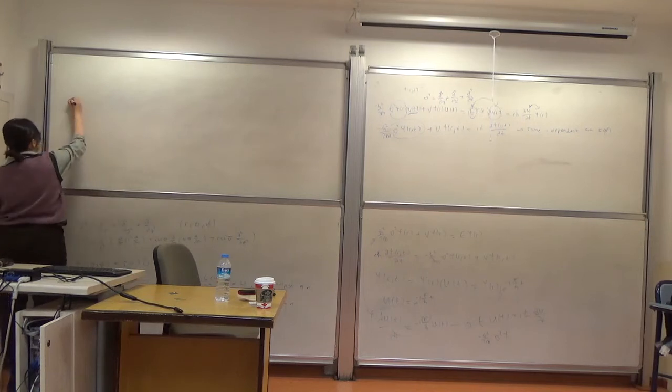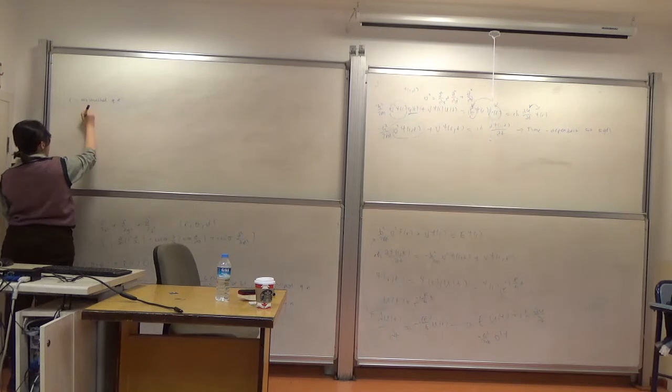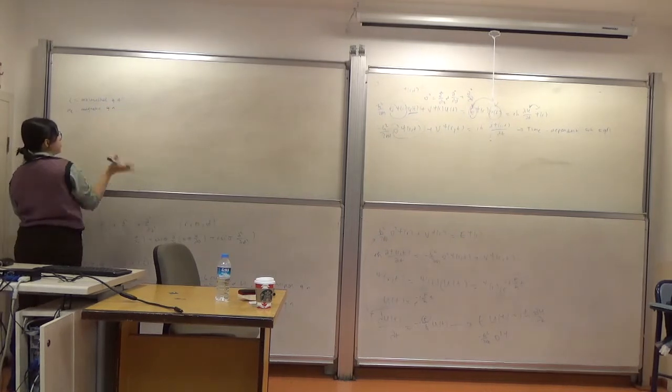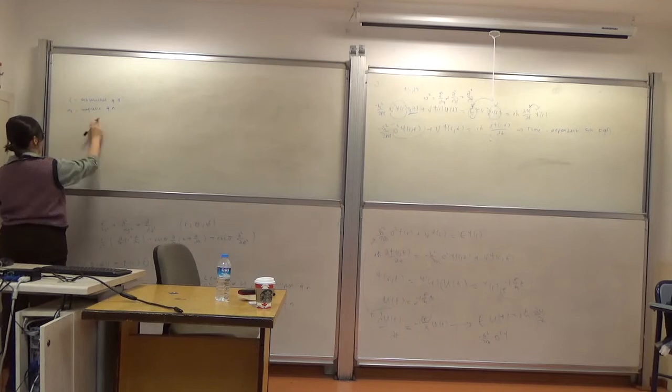The L is the azimuthal quantum number, which is the indicator of the shape of the orbital. And ML is the magnetic quantum number. It decides what direction the orbital is facing.